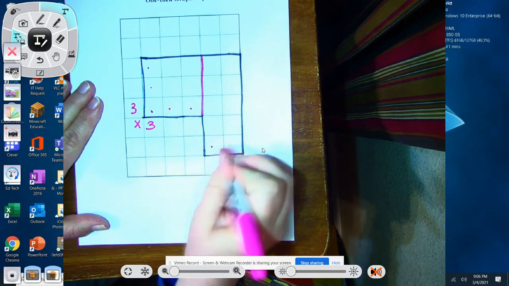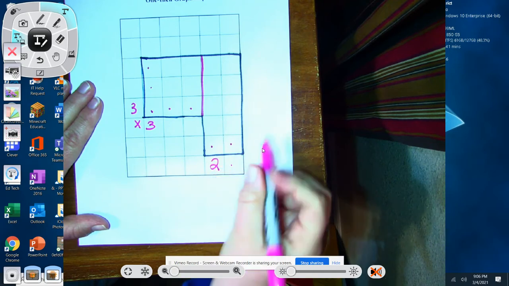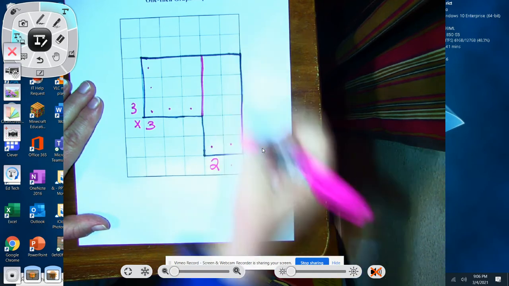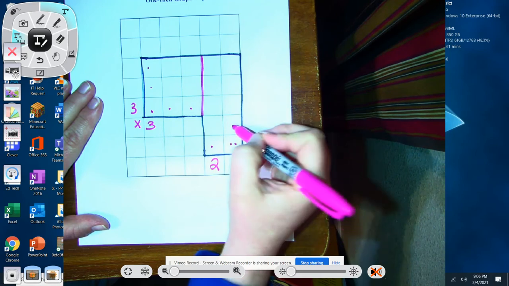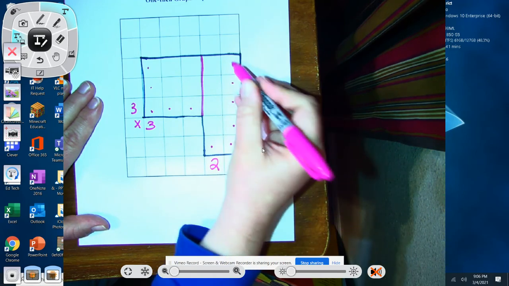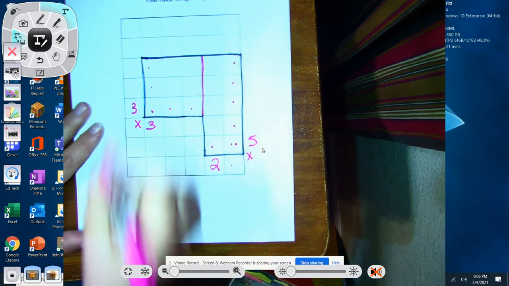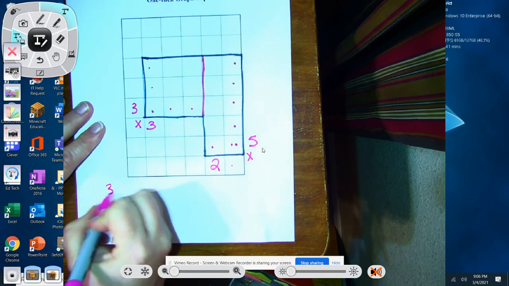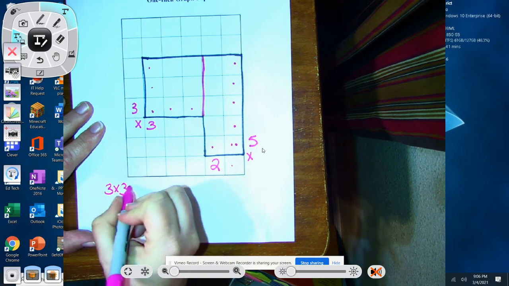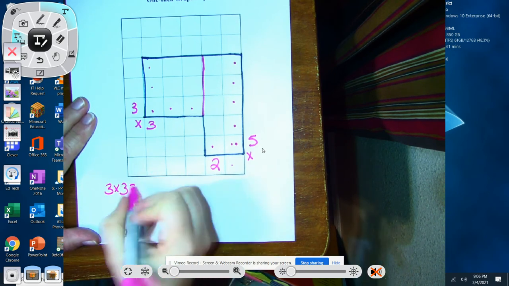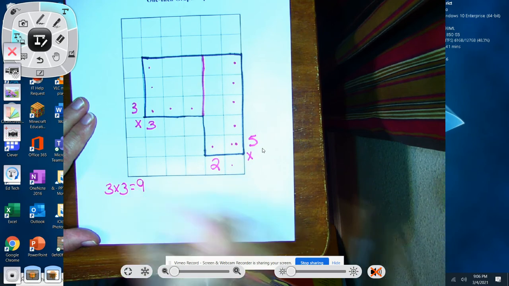I have 1, 2. And I'm going to go up and down. 1, 2, 3, 4, and 5. So here I have 3 times 3. Well, 3 times 3, I know that one. 3 times 3 is 9.